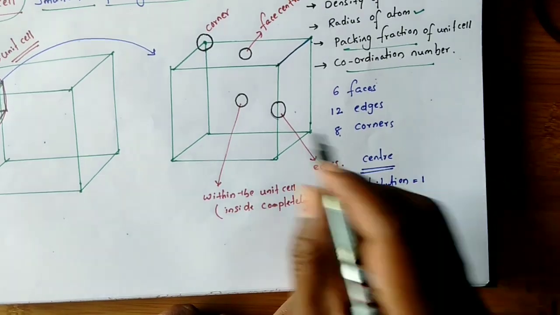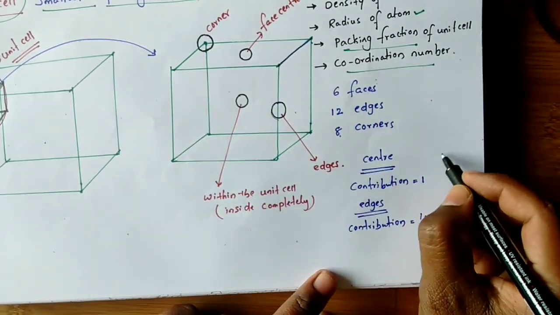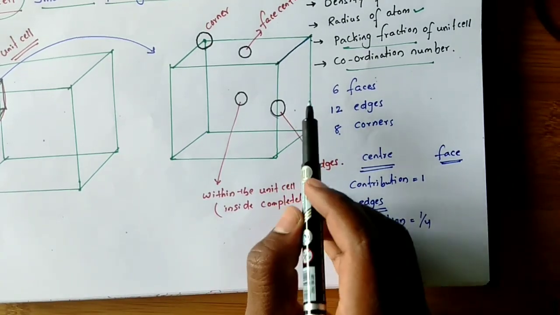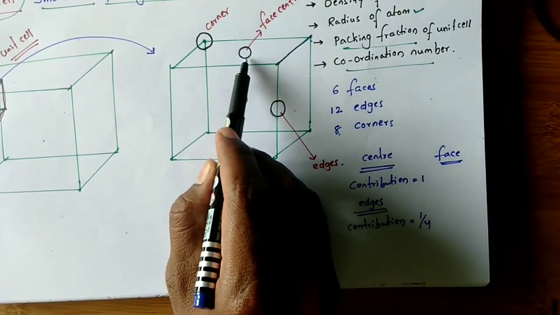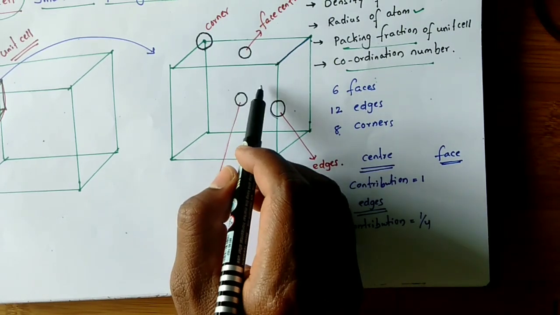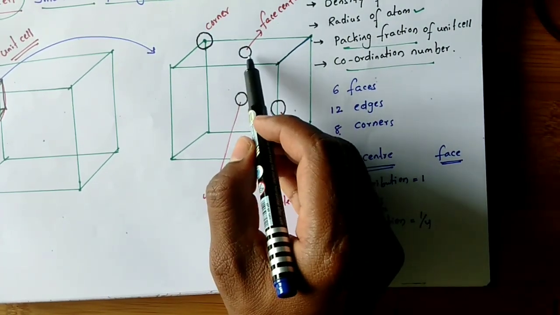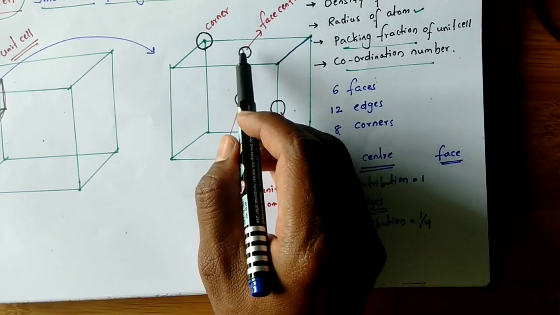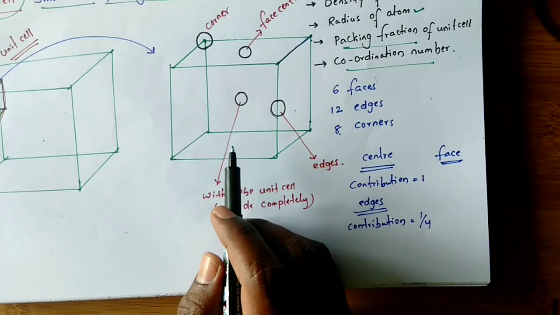Phases. If the atom is present on a phase, its contribution to this unit cell is 1 by 2, because half of this atom is present in this unit cell and half belongs to the adjacent unit cell.